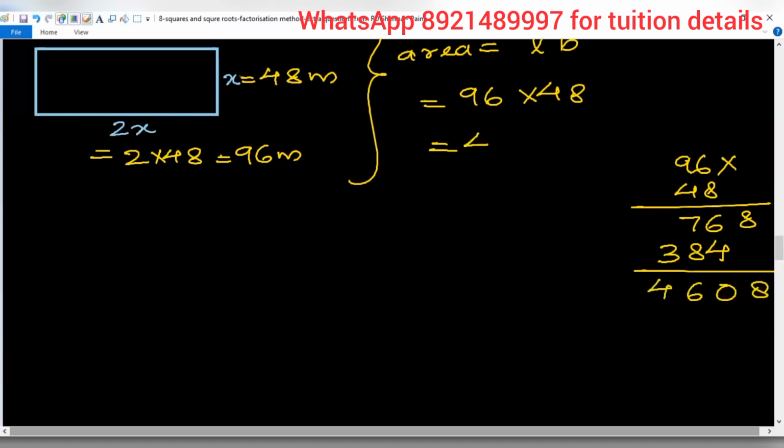So it is 4608. And the measures were in meters, right? Measure was in meter. So it will be meter square. Area is in meter square.